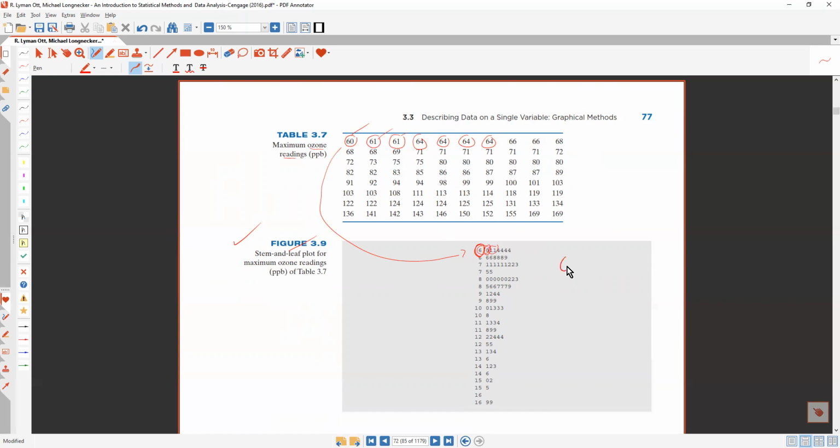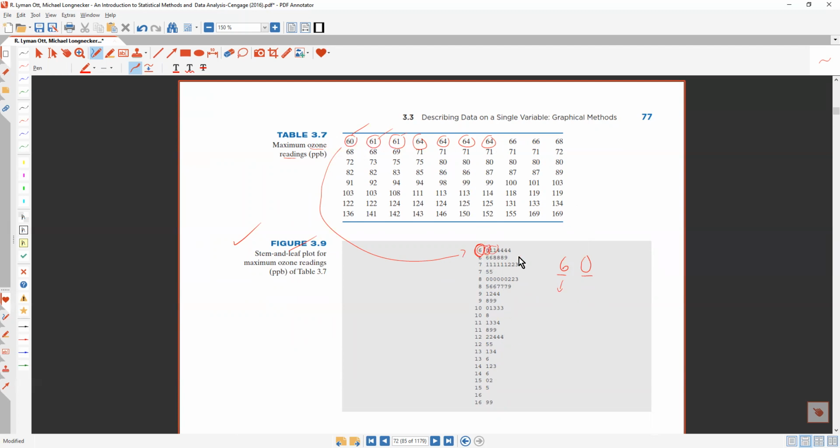So it's representing that 6, 0. Okay, that's how that stem and leaf plot is working. And they don't always look this way. Sometimes if the numbers are really big, you may have the stem be a lot bigger than the leaf. But in this particular case, and in general, they work like this.